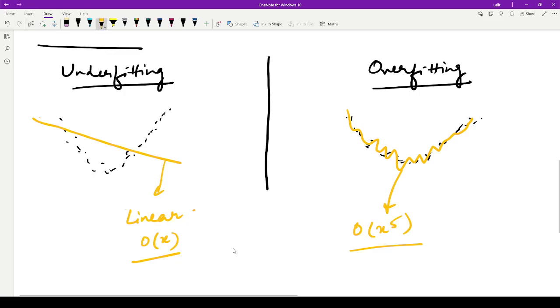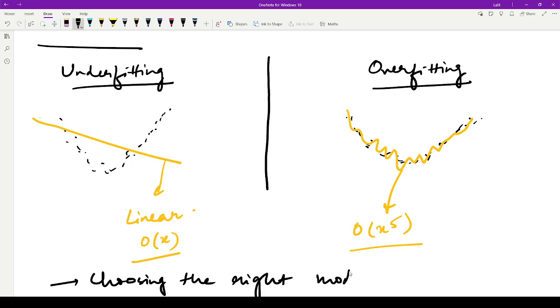So this is also one of the big challenges in machine learning, that is choosing the right model. One of the biggest challenges that we discussed earlier is choosing a correct set of features, which will come back again. And another challenging aspect is choosing the right model. If you don't choose the right model, it's possible that you are either underfitting or overfitting.